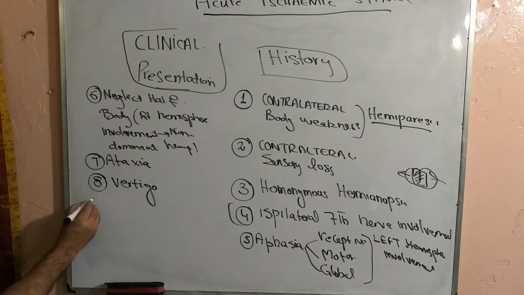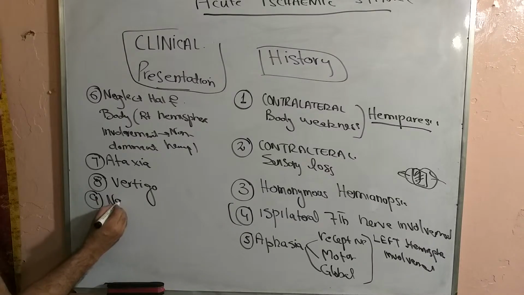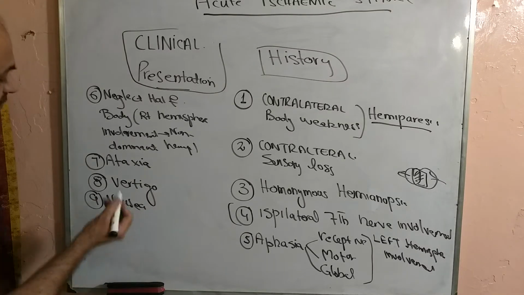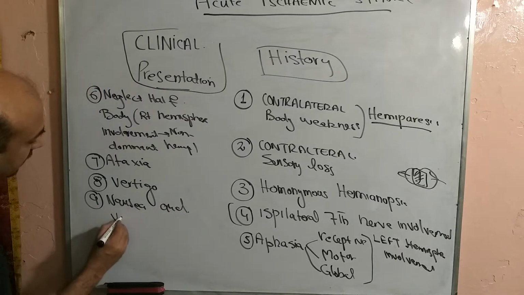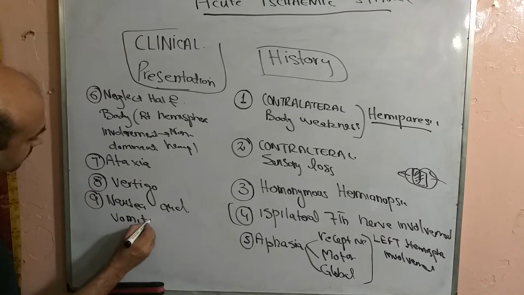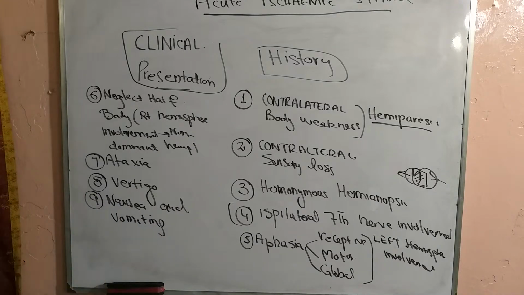There can be a complaint of nausea and vomiting because of involvement of the chemoreceptor trigger zone, which is located in the brainstem. So these are the majority of complaints patients present with, and this depends upon the area of involvement. The patient comes to the emergency department, and either the patient or the family gives the history.